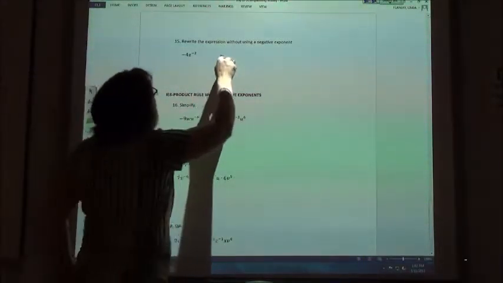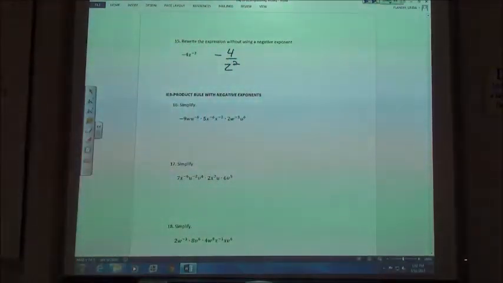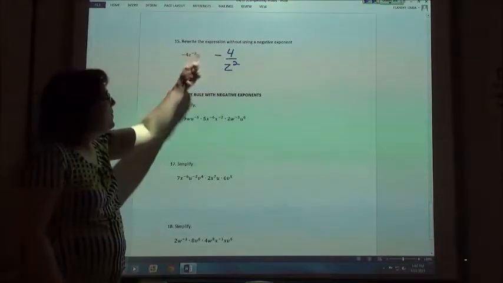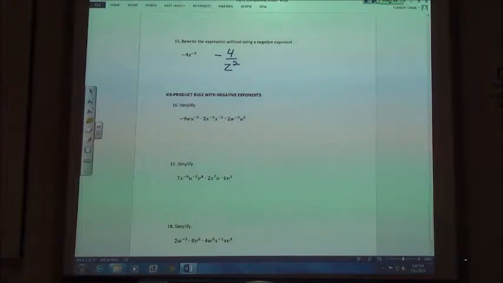It's a -4 over z squared. Again, they'll put the negative in front instead of on top, because if the top is negative, the whole fraction is negative. So this came down, went underneath my 4 because it was negative. We're going to use that some more when we simplify 16, 17, and 18.